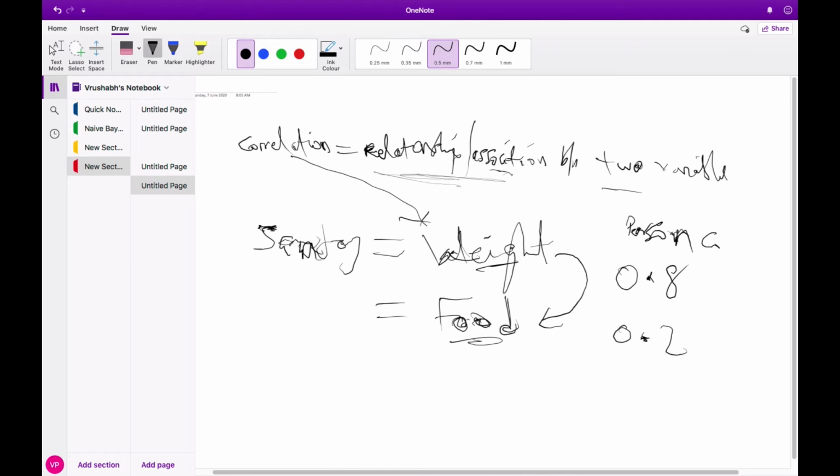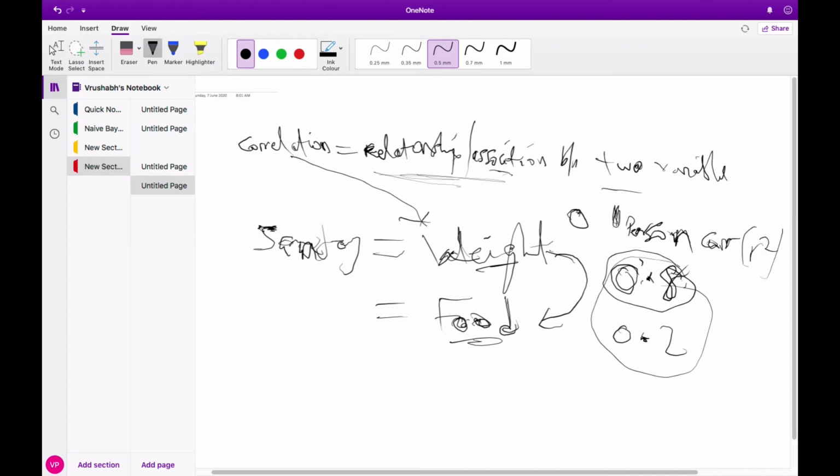Pearson correlation is mostly represented as r square.